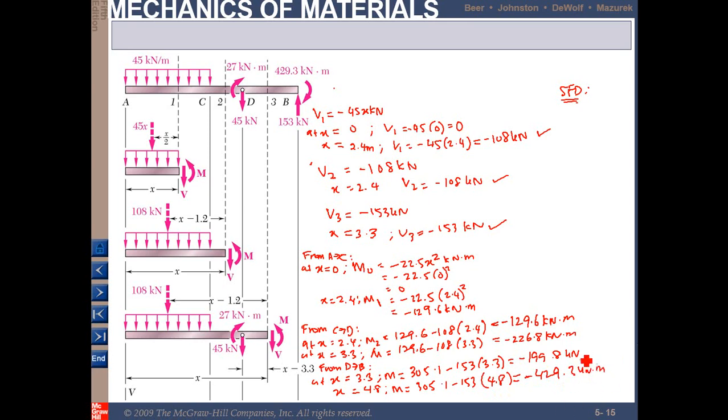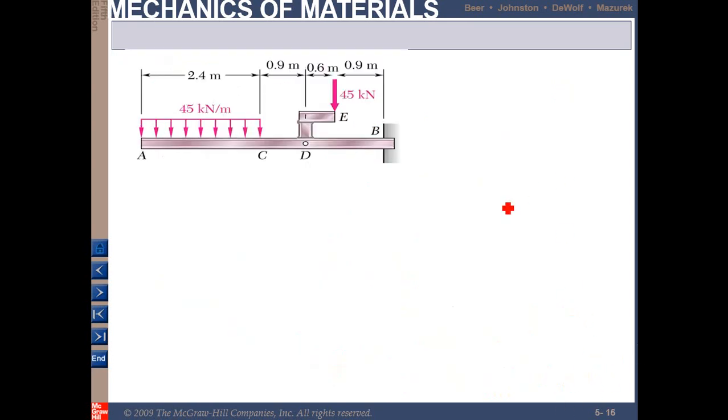Okay, so now you already have all the values. For V, first it is equal to 0, and then equal to minus 108 kilonewton, and also V equal to 153, minus 153 kilonewton.